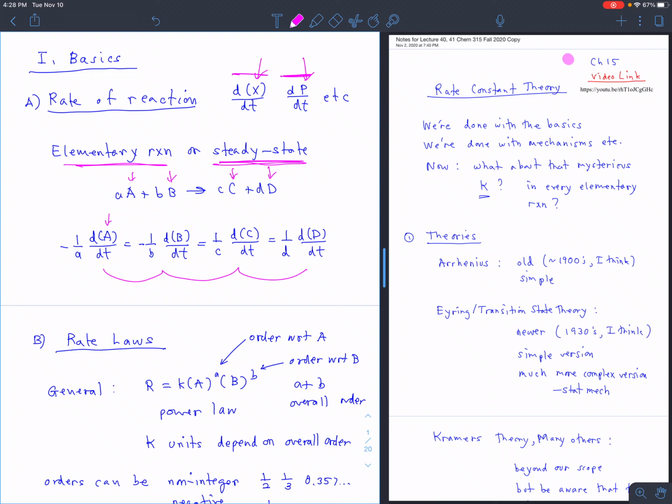If you're at steady state, then all the intermediates that may exist in the actual mechanism don't change their rates. So we're at steady state after all. And so in that case also, all these same stoichiometric arguments hold. However, if the reaction is not at steady state and is not elementary, then these relationships don't hold anymore.